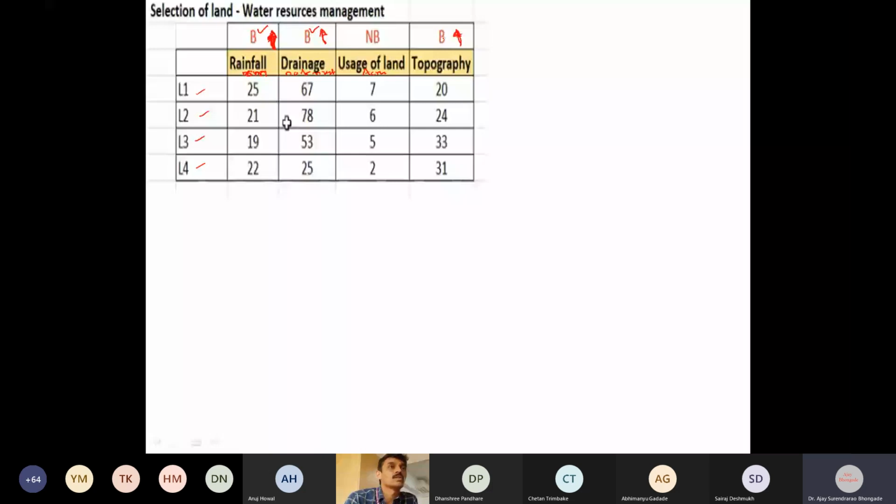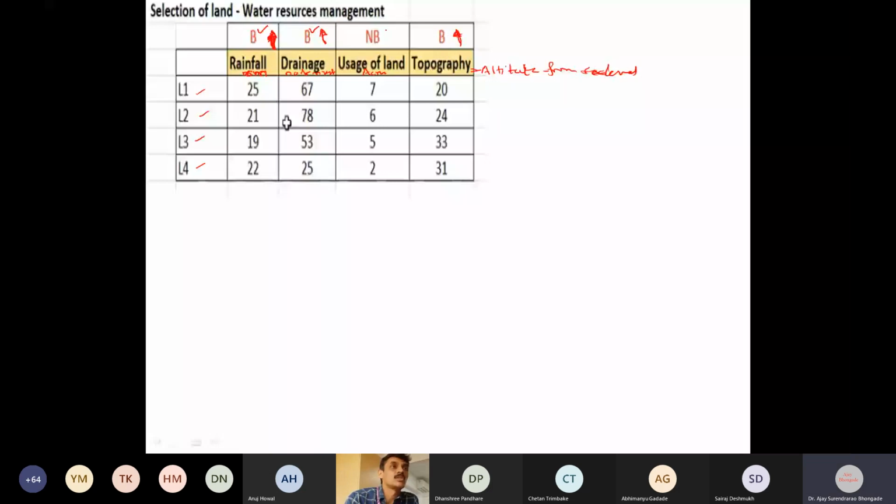That might be altitude, so it can be the height of the land. What is the height of that land from sea level? We want the land to be situated quite above sea level, that is beneficial.